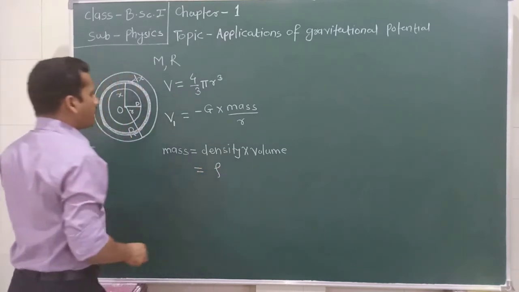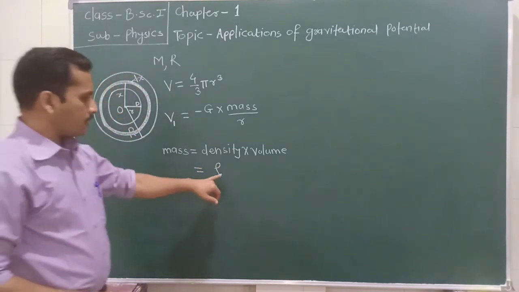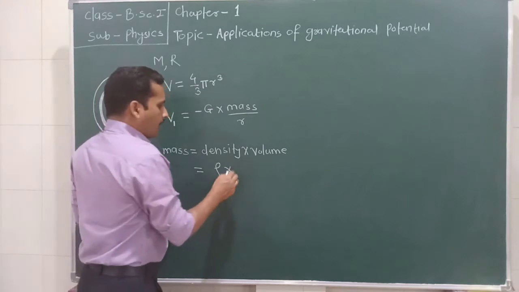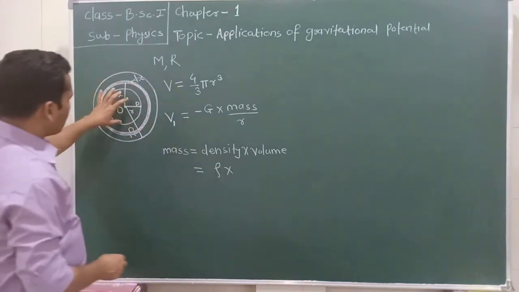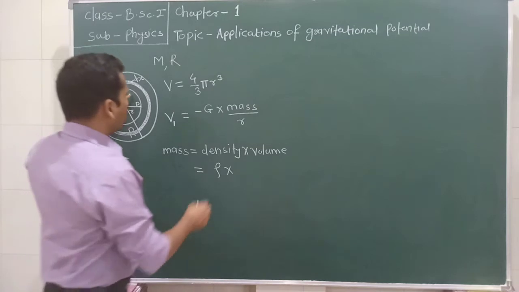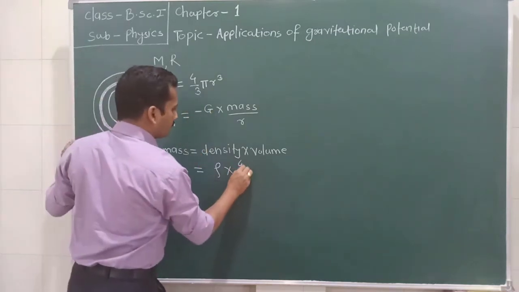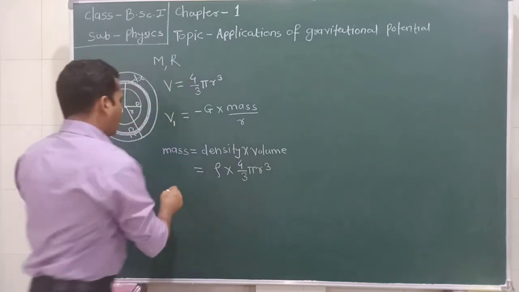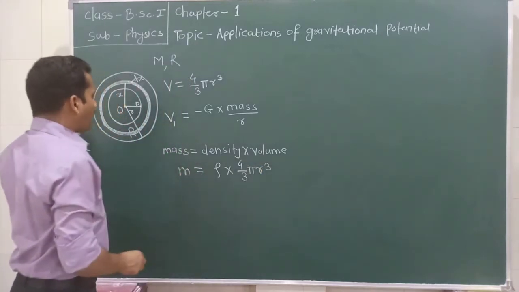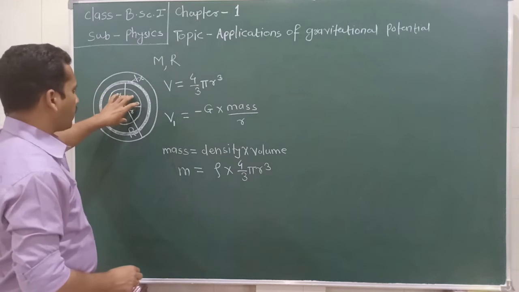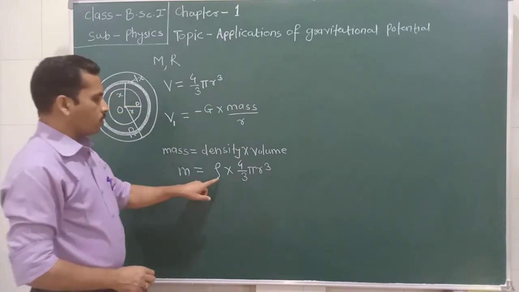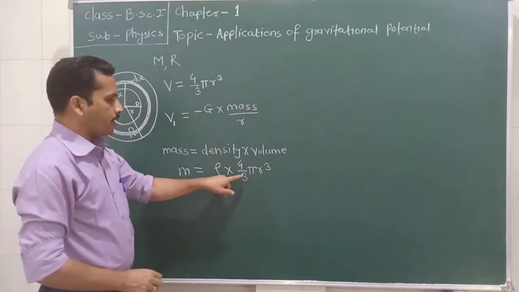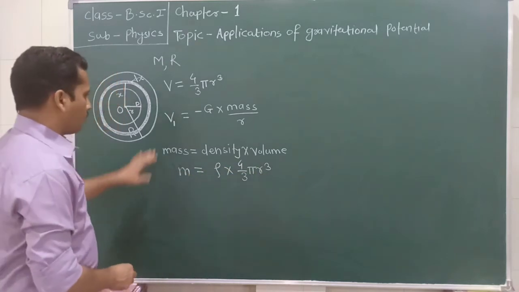If the density of the inner solid sphere is equal to rho, and the volume of this inner sphere is equal to 4 by 3 pi r cube, then the mass of this inner solid sphere of radius r is equal to rho multiplied by 4 by 3 pi r cube.